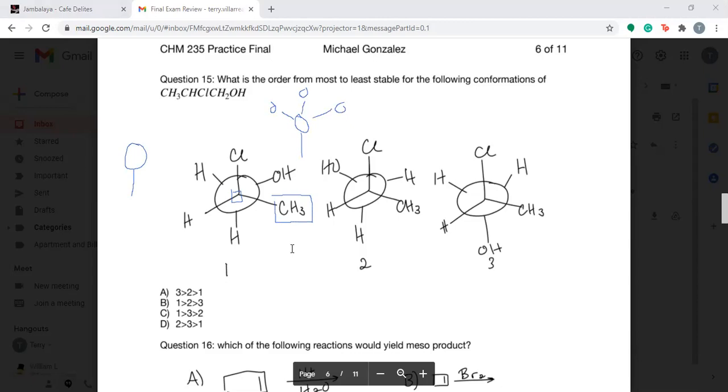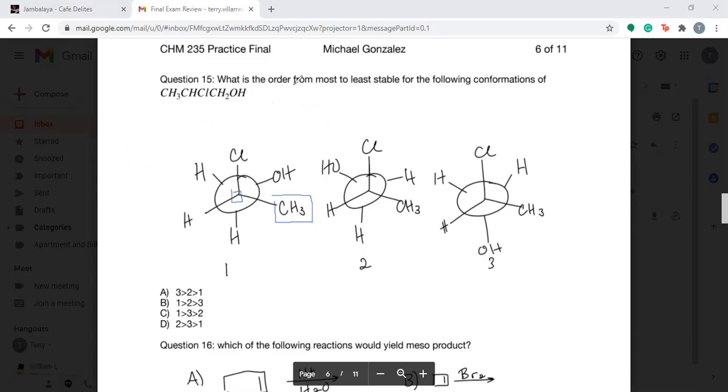Anytime you have a methyl, an ethyl, or anything like that, those are going to be larger than your halogens, mainly because of those additional hydrogens, so it takes up additional space. So in your front one, your methyl is going to be the largest.